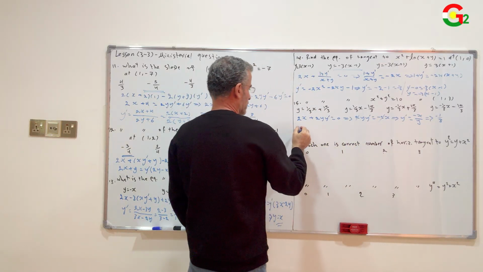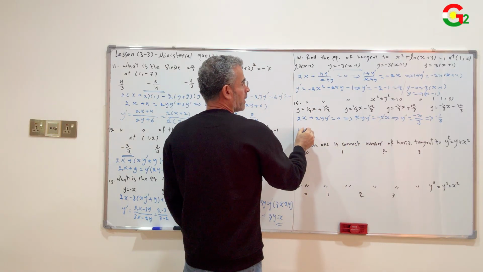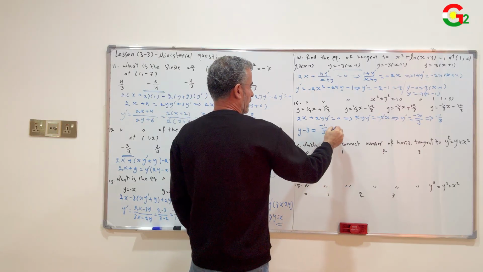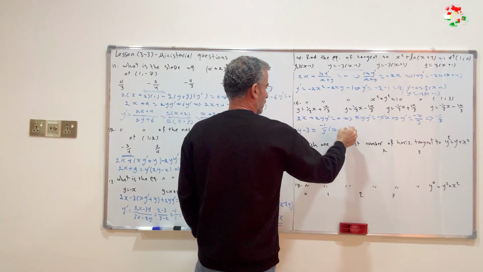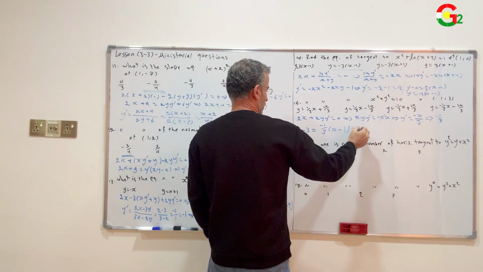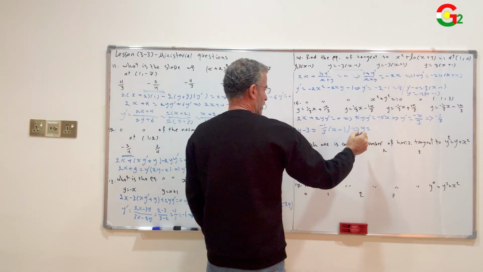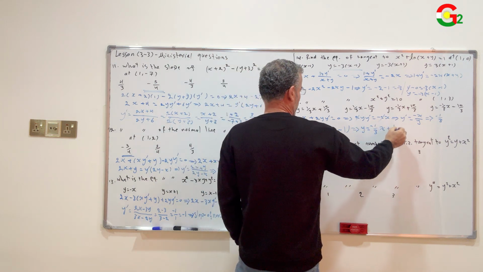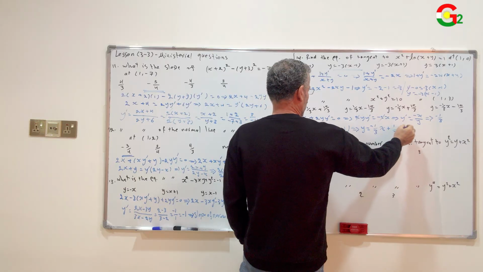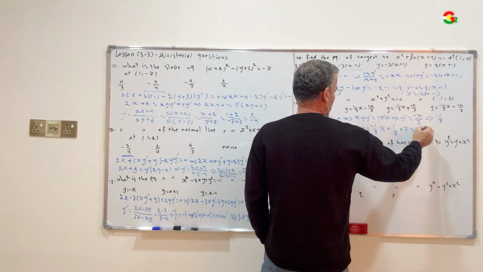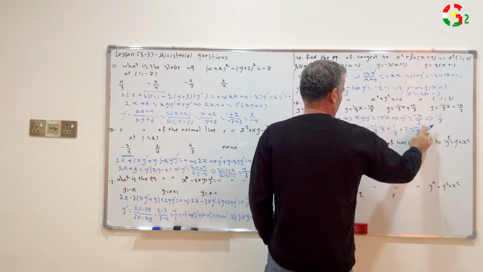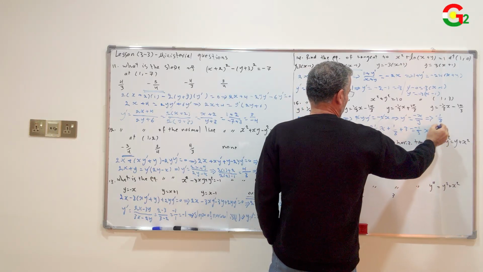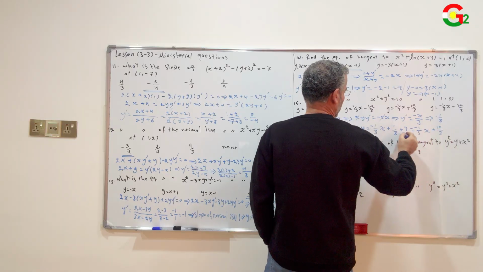Then the equation is y minus 3 equals the slope negative 1 over 3 times (x minus 1). Then y equals negative 1 over 3 x plus 1 over 3 plus 3, equal to negative 1 over 3 x plus 10 over 3.